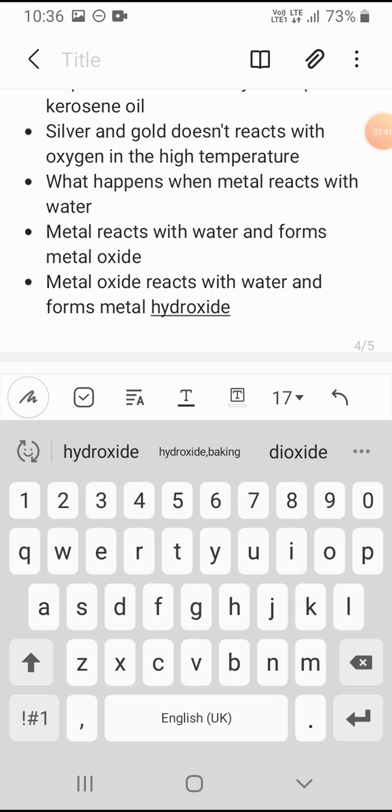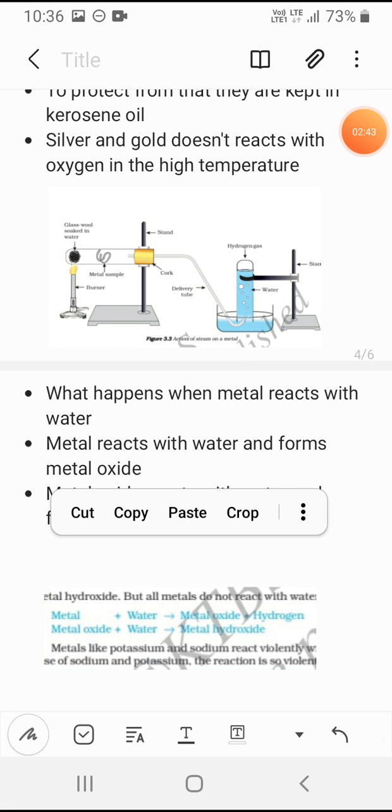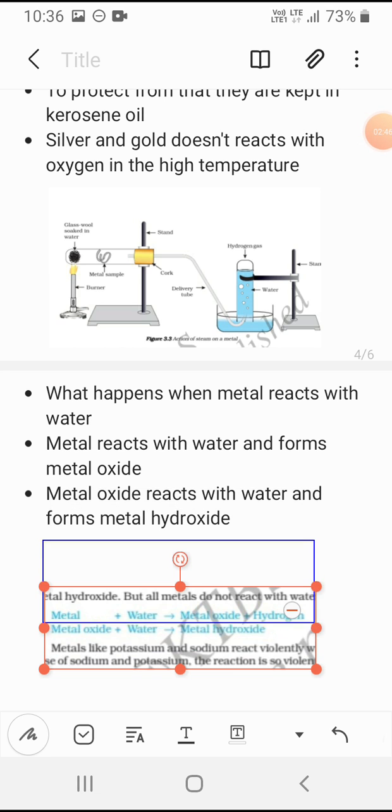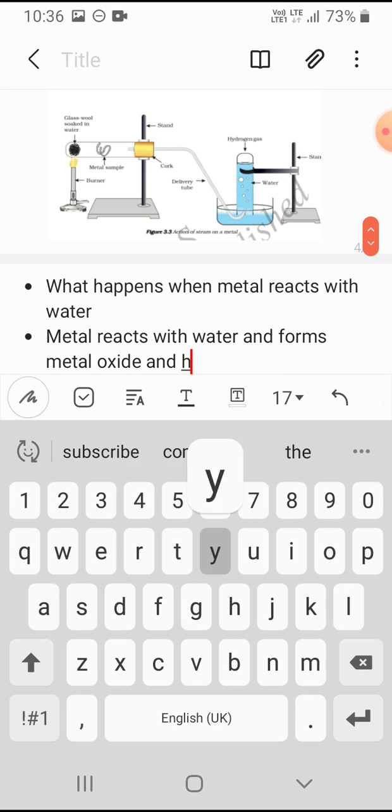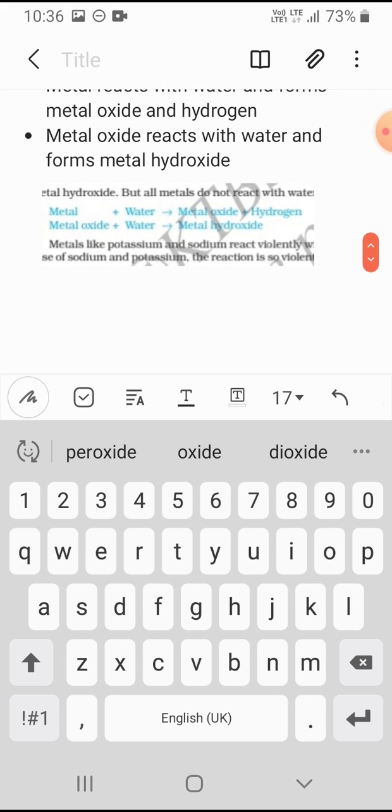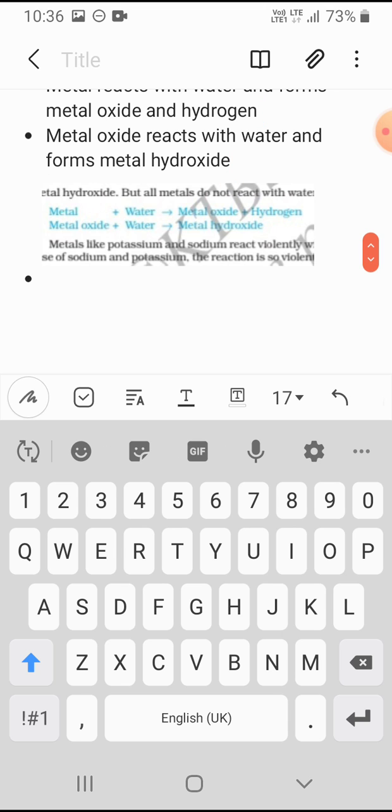So when the metal reacts, we get metal oxide and hydrogen, and when the metal oxide reacts with water, we get metal hydroxide.